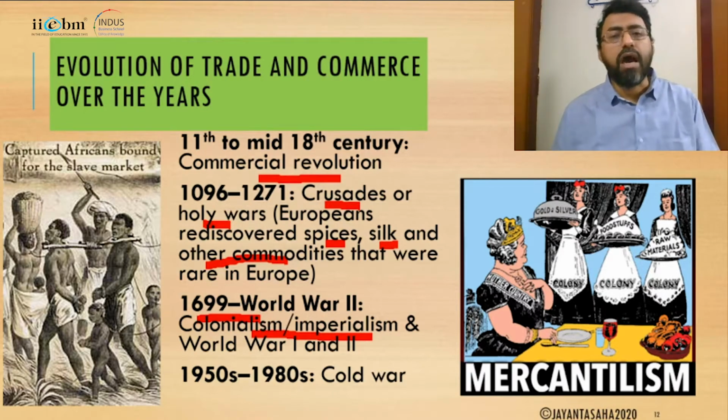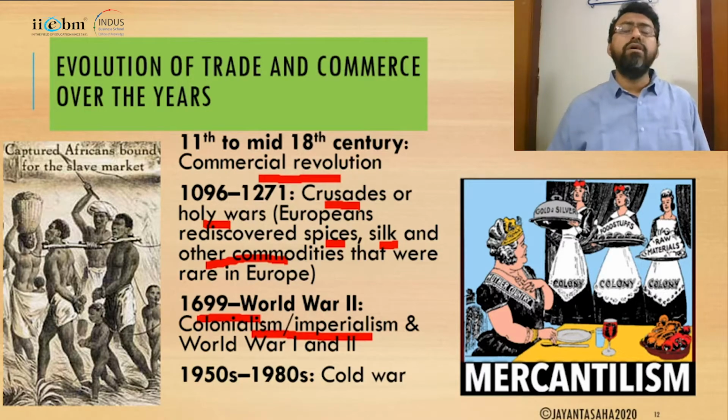So economic and political powers they became in some of these colonies. So Britain, for example, had the sphere of influence over much of India and many parts of Asia and many parts of Africa as well. Spain had a sphere of influence in many parts of Latin America, many parts of America, and so on.